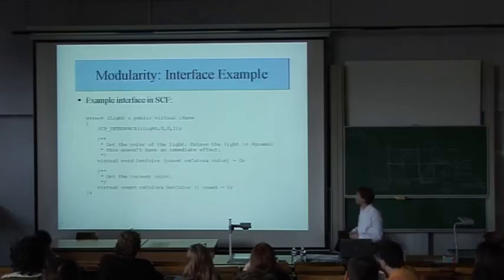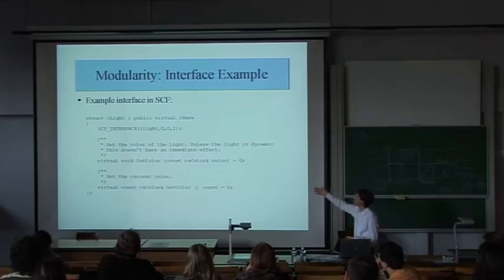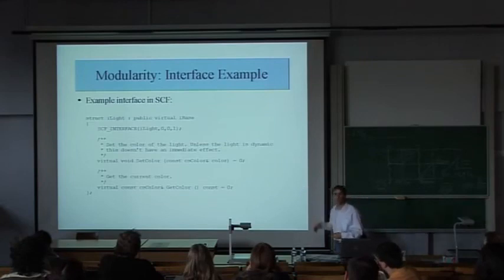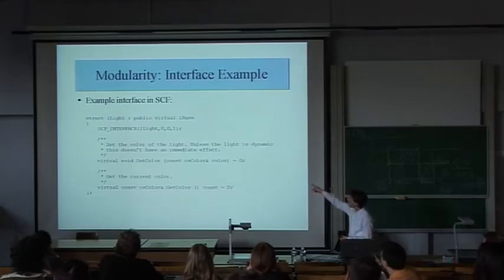Here's a small example of how an interface could look in CrystalSpace. So you basically see it's a structure. It could be a class, but we use struct because the only difference in C++ between struct and class is that in a struct, all members below it are public, so you don't have to write public. And we specify the versioning of the interface.